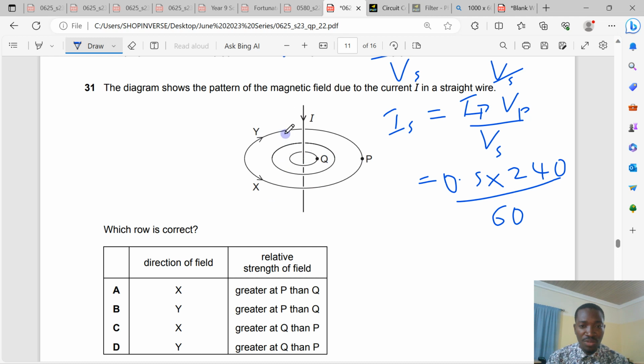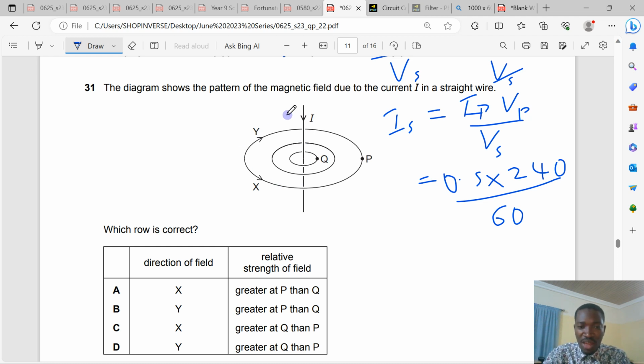And for the direction of the field, since current is flowing this way, according to the right hand grip rule, the thumb represents the direction of current, then your fingers wrapped around this conductor represent the direction of the magnetic field. So you see the magnetic field goes in this direction, in line with the diagram.